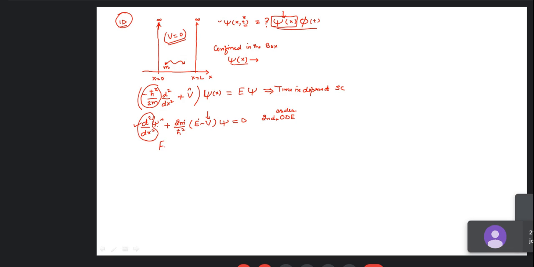This is the condition for a free particle, when there is no force acting on the particle. So for that particle, we can write Schrodinger's equation as d square over dx square of psi wave function plus 2m over h bar square, and this is only E now, V is 0, equals to 0.